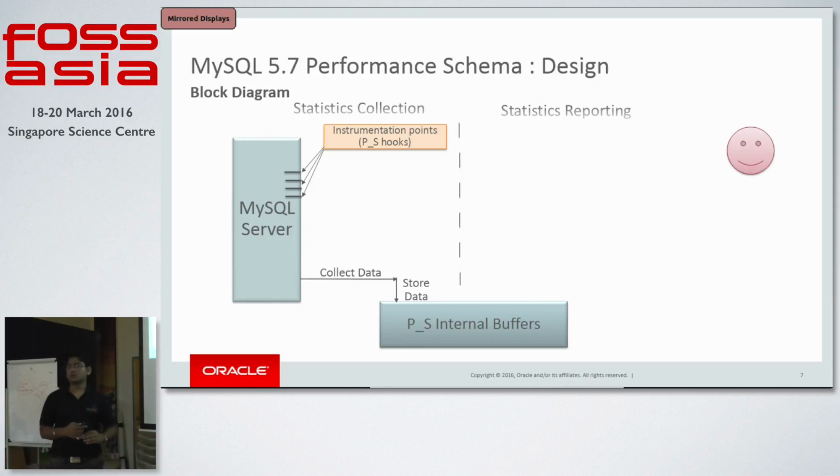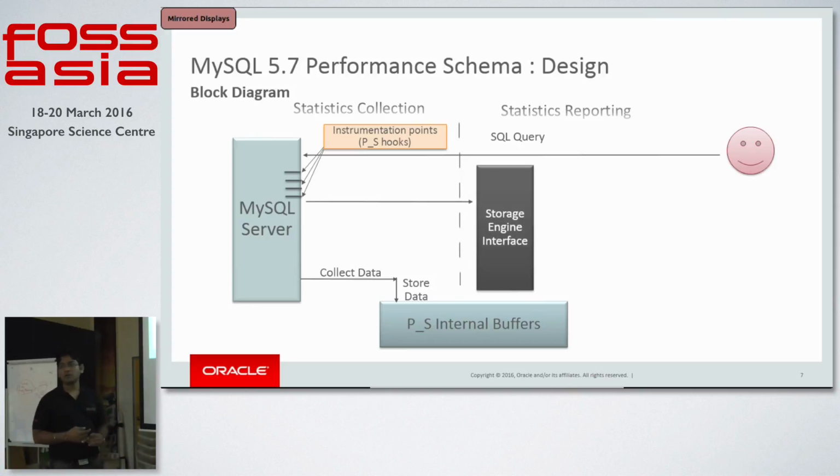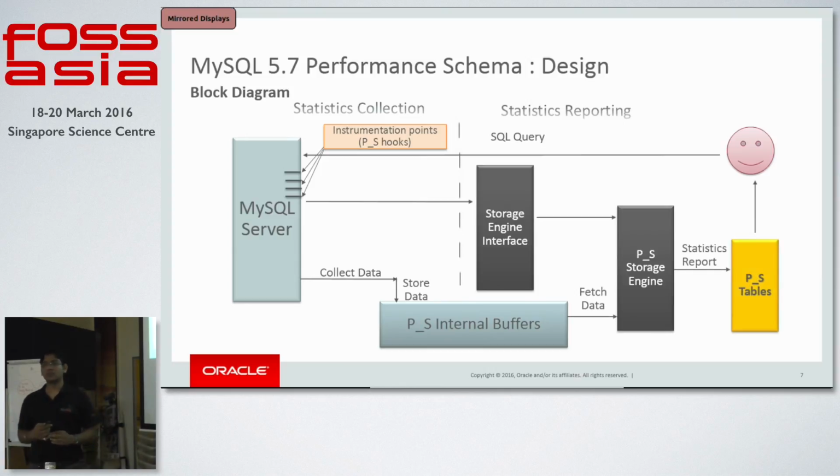Now let's say there is a user who wants to see some statistical information from performance schema. He can simply fire an SQL query to the MySQL server, and this query will be parsed and executed, and the data will be fetched from these performance schema internal buffers and presented to the user in performance schema tables. So that's the overall design of performance schema: statistics collection on the left hand side, statistics reporting on the right hand side.